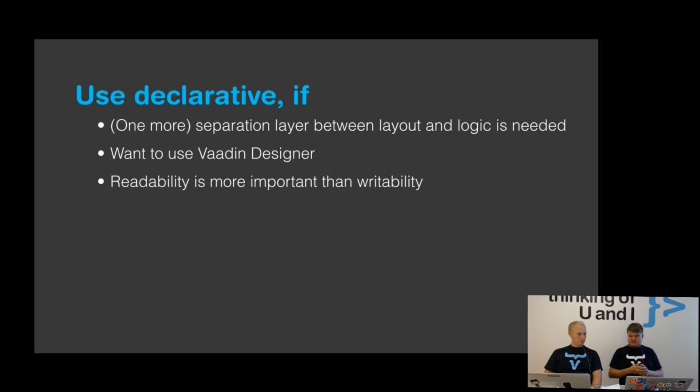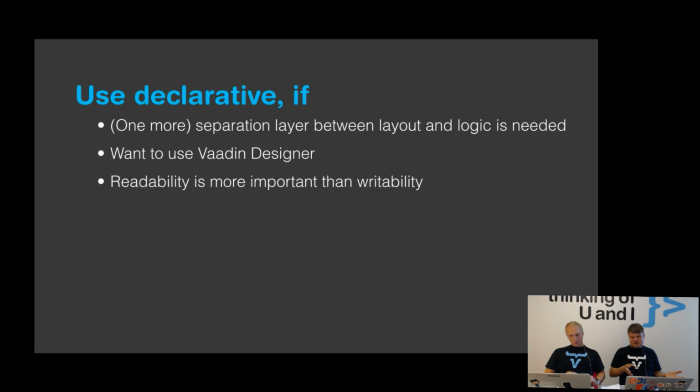And as we already saw from Mario's code, declarative would be quite a bit more readable than Java code. Especially for non-Java developers. So if you need to have a discussion about the UI with, say, a UI designer or somebody who knows HTML but don't necessarily know Java code, that's also.